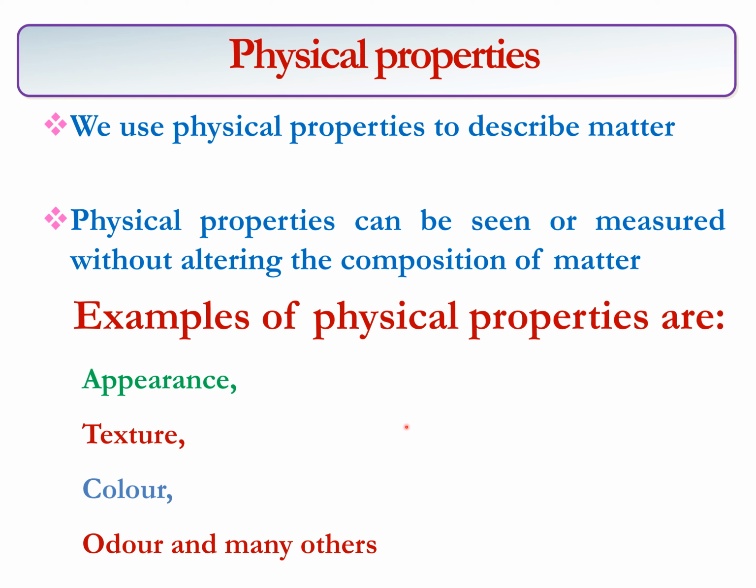So physical properties are properties that you can see immediately or you can measure without altering the composition of that substance. For instance, your physical properties might be that you are tall, slim, you have long hair. These are properties that you can see and measure without altering the composition of matter.